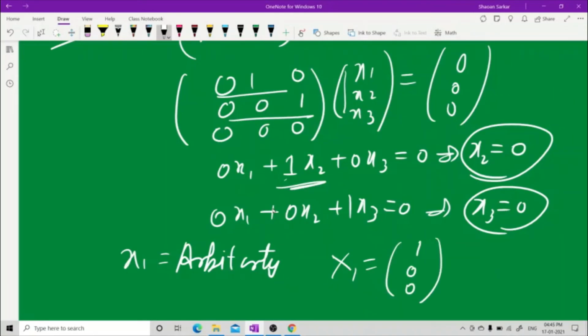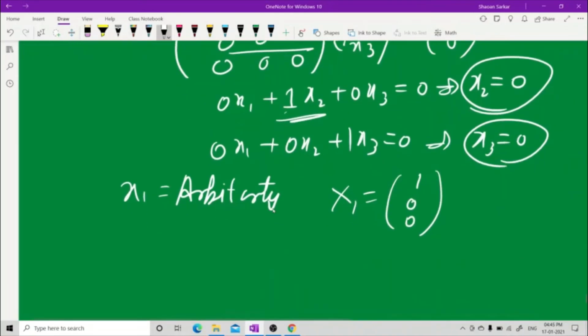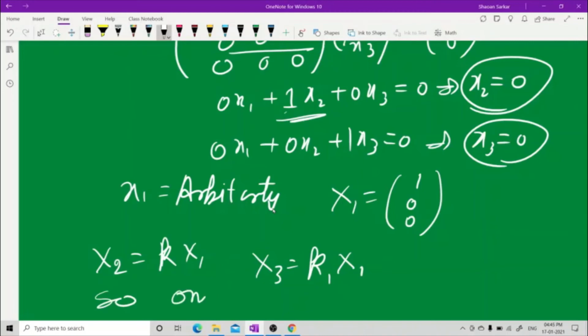The other two vectors, because you need three vectors, x2 will be some multiple k times x1, and x3 some multiple k1 times x1. So I will get only one linearly independent vector in this case.